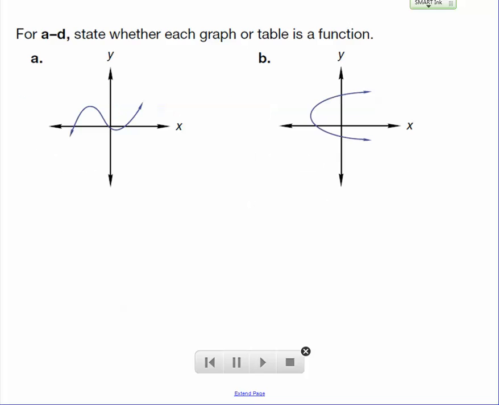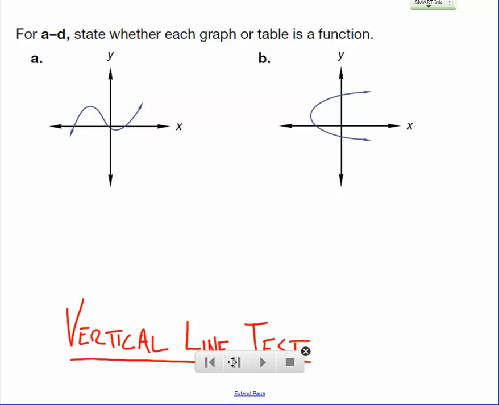Now, one way to tell whether a relationship is a function is by using something called the vertical line test. We're looking at these graphs, and we're going to determine whether or not this is a function using the vertical line test.